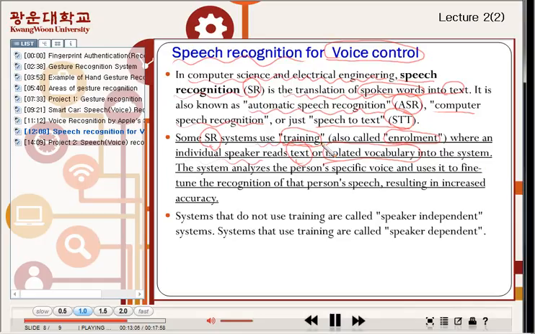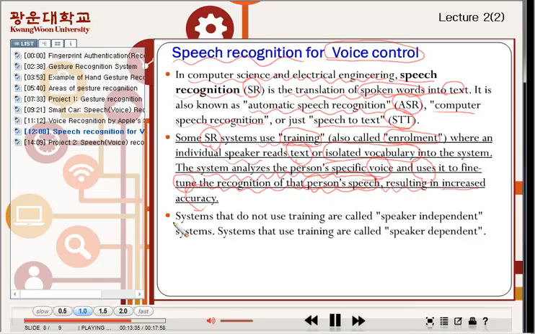We have to speak terima kasih several times for training the car speech recognition system. The system analyzes the person's specific voice and uses it to fine-tune the recognition of the person's voice characteristics, resulting in increased accuracy.